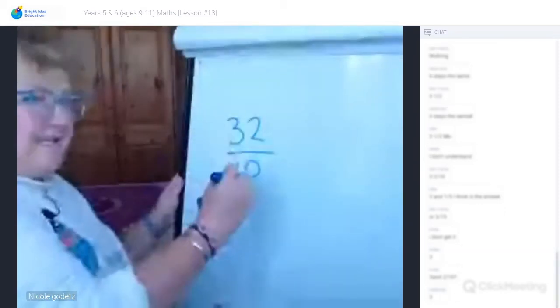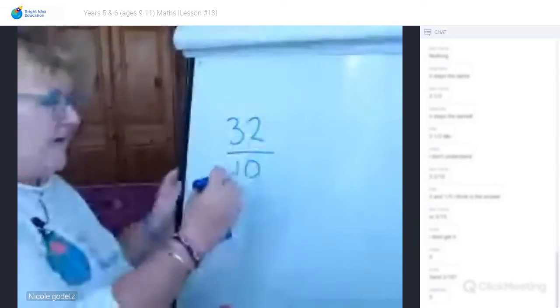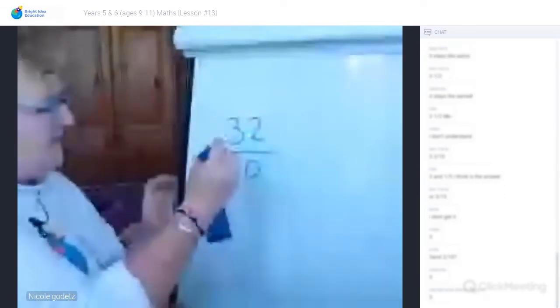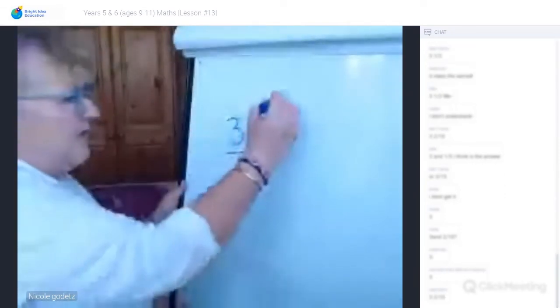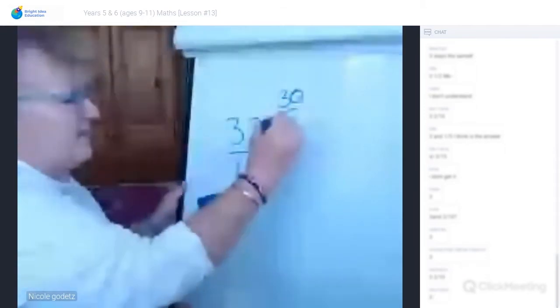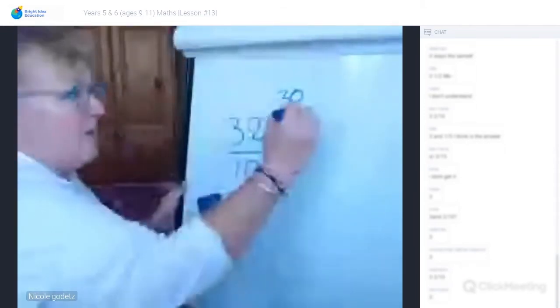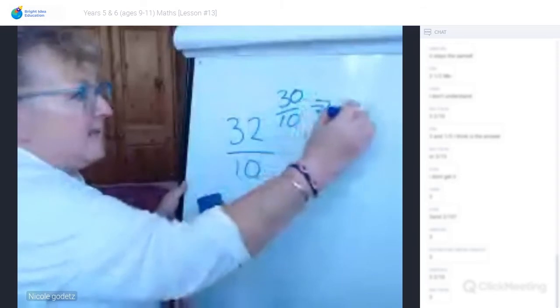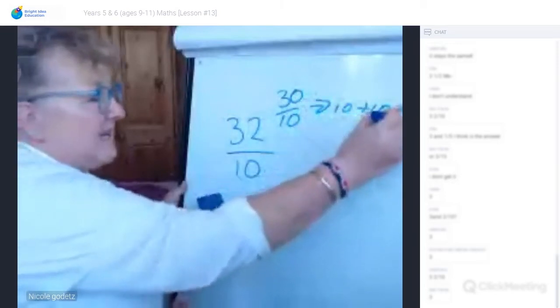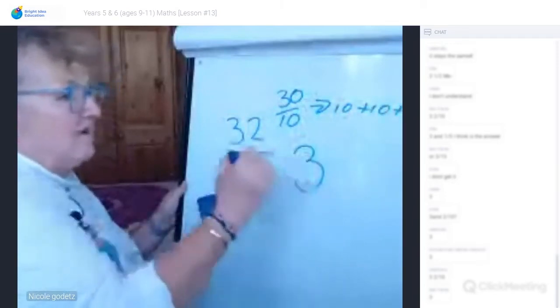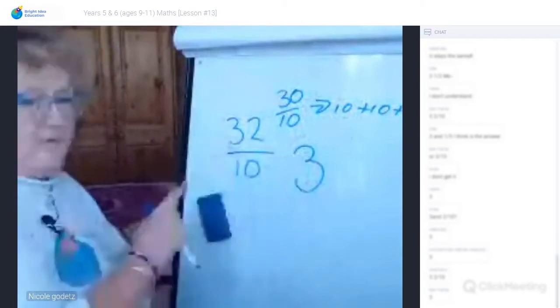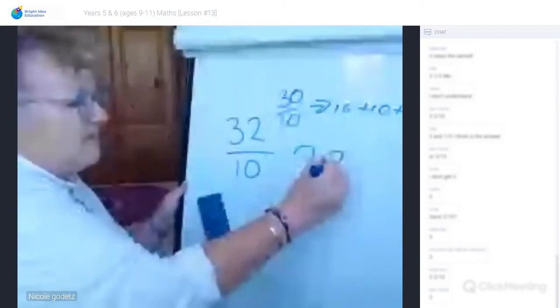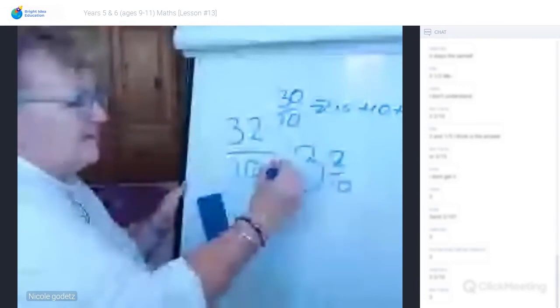For every 10/10, we can make a whole one, can't we? There are 30 tenths, so 30 of those will go. That's 10 plus 10 plus 10. So that's 3 whole ones. And then we've got 2/10 left. So it's 3 and 2/10.